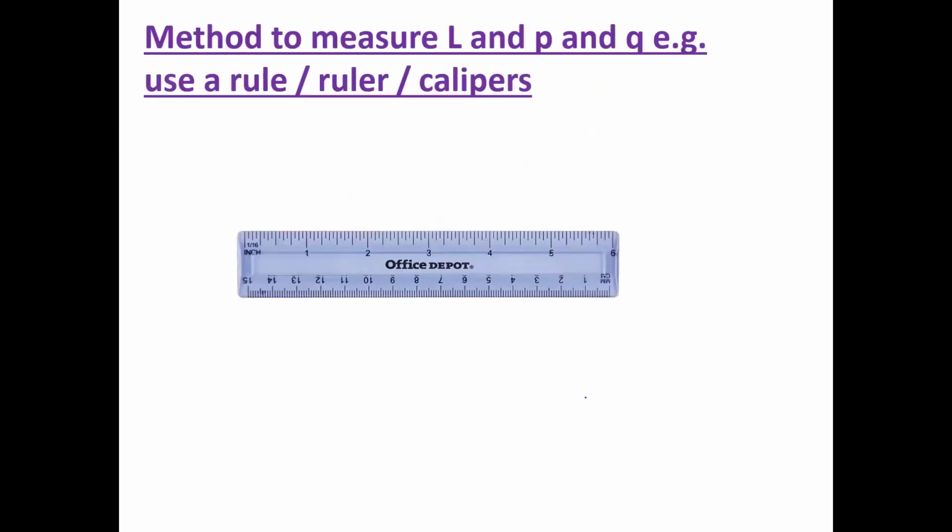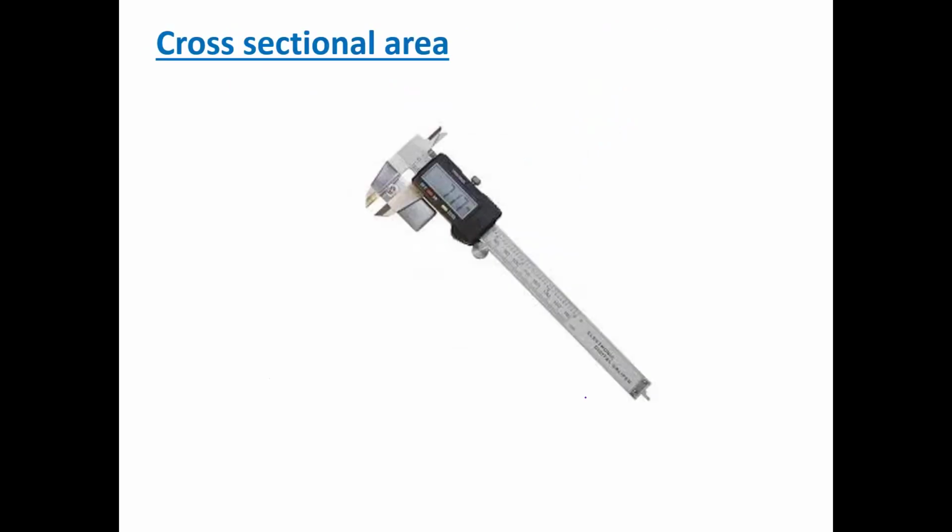How to measure L, P and Q? For example, I can use a ruler or caliper. This is a digital caliper. I'm using it for cross-sectional area. How will I use it? Area is equal to pi d squared upon 4.